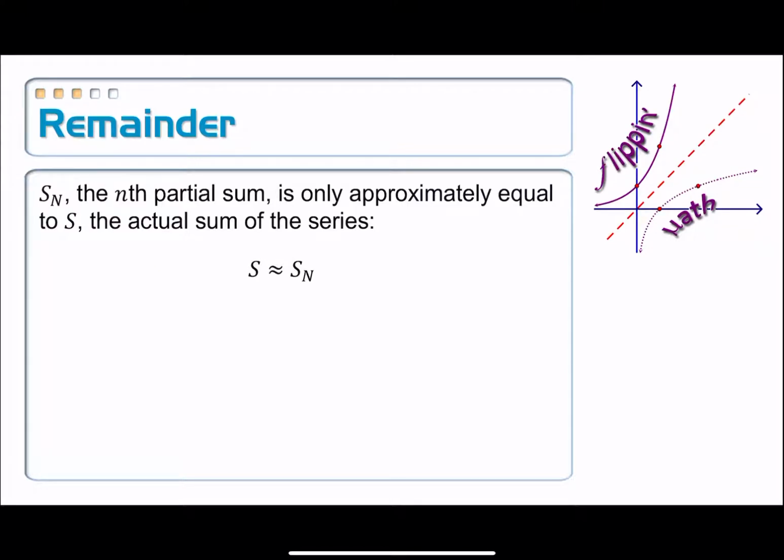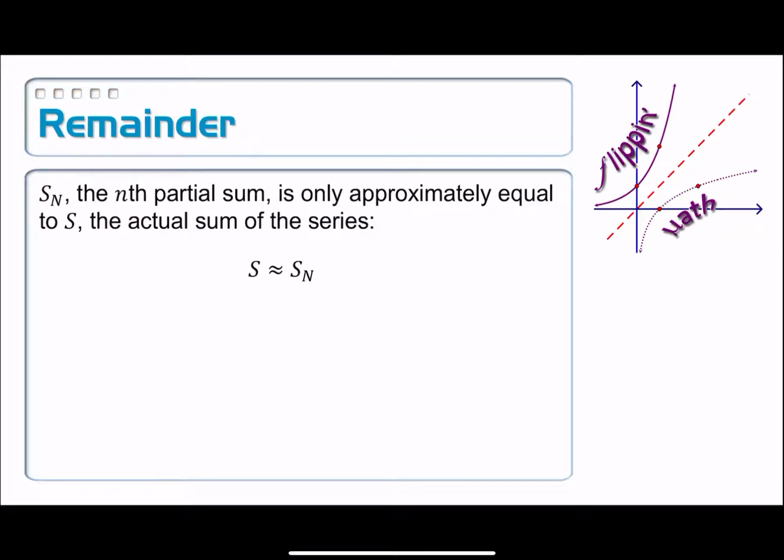Okay, so let's say that we are going to try to approximate some sort of alternating series using a partial sum. Maybe I use 3 terms, 4 terms, 5 terms. I'm going to call it S sub n. And we're going to say that the actual sum of the whole entire series is only approximately equal to that partial sum, right? We still left off an infinite number of terms.